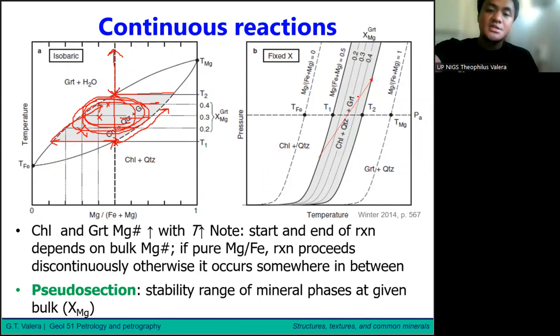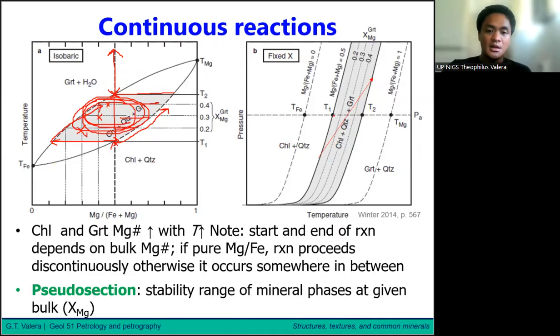So if the composition of the rock is at T1, this essentially tells us the same thing, pero looking at the garnet magnesium number as the reaction progresses.